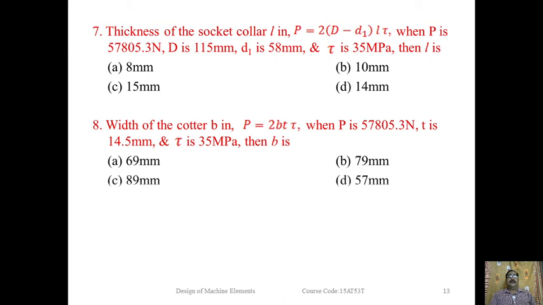The options are A, 69 mm; B, 79 mm; C, 89 mm; and D, 57 mm. Here b means the width of the quarter, and the value of b comes to 57 mm. So the option is D, 57 mm.